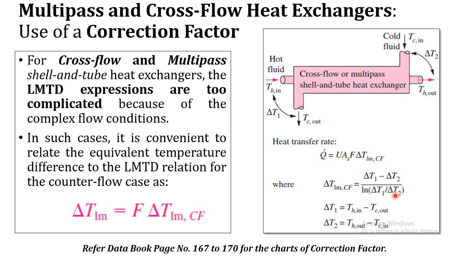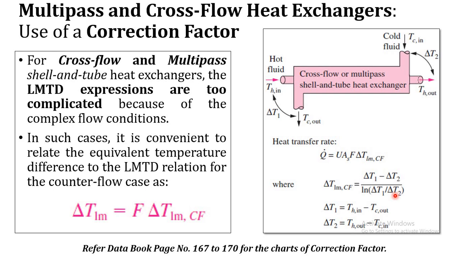In case of crossflow or multipass shell and tube heat exchangers, the LMTD expressions are too complicated because of the complex flow conditions. In that case, we use a correction factor to calculate the LMTD.